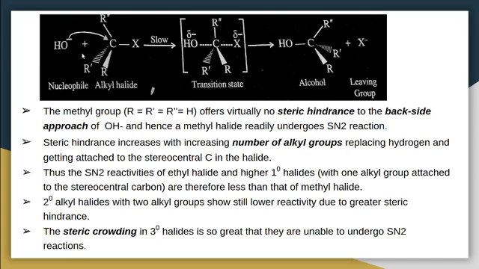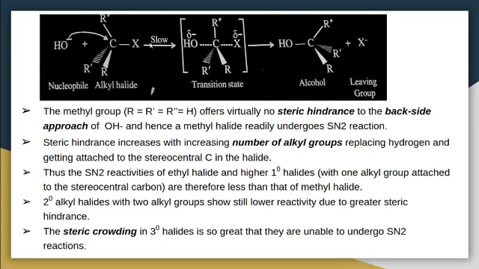So in that case, the steric crowding is very high, and the incoming nucleophile cannot approach the alkyl halide from the backside. So the reactivity towards SN2 reaction decreases correspondingly.